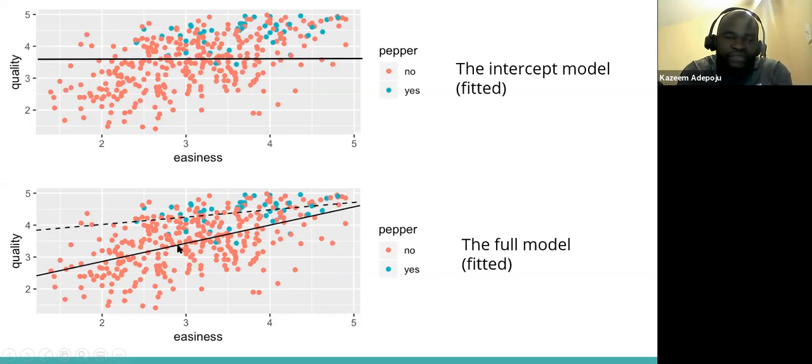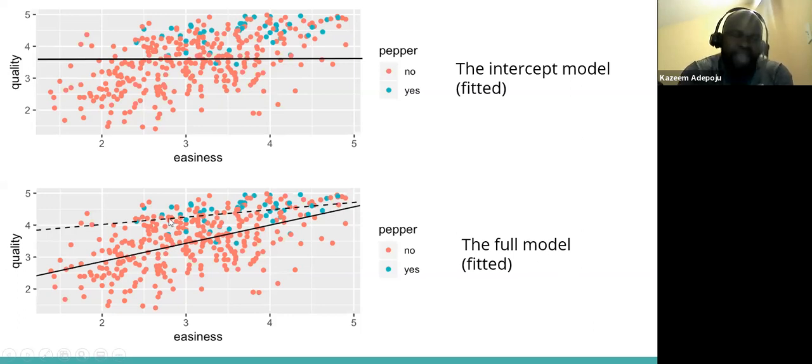Not having a horizontal line, the dotted line and the straight line that we have here indicate that the average quality is not going to be the same. But right here, the average quality is the same. That is why this is more or less representing an intercept model, while this one right here is representing the full model.